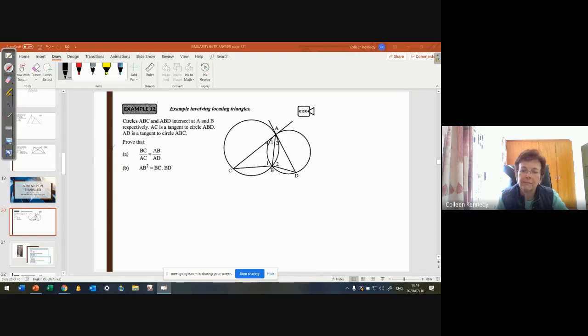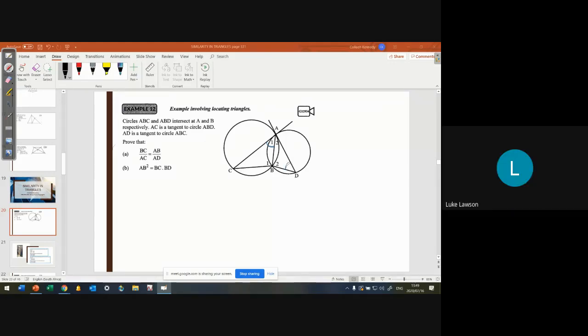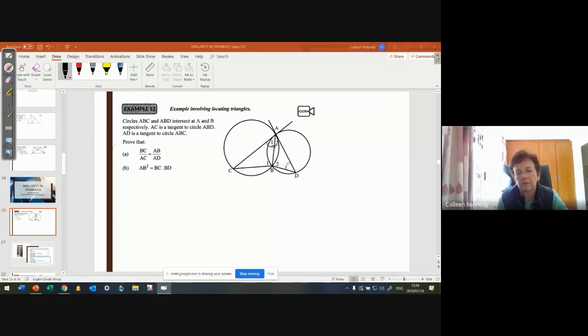Knowing that it's a tangent, what would A1 equal? A1 would equal D, wouldn't it? Tan chord theorem. There's the chord, there's the tangent. So A1 would equal D.